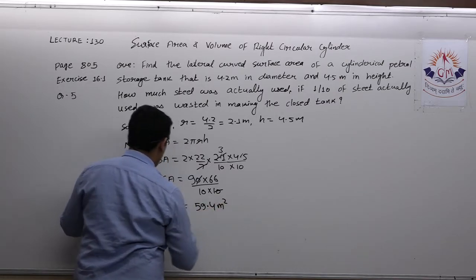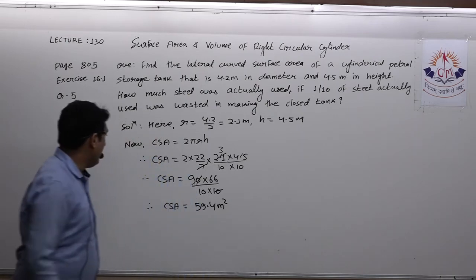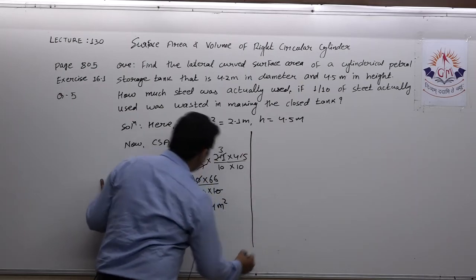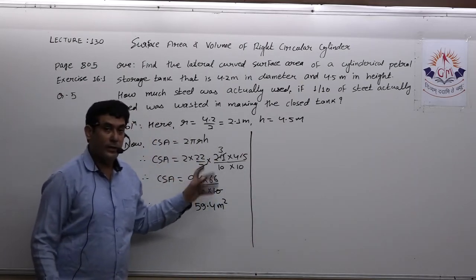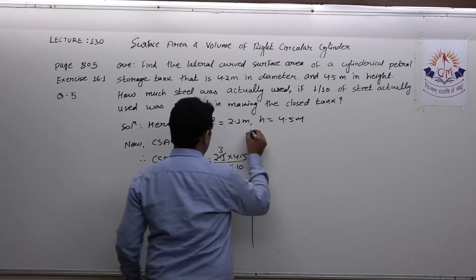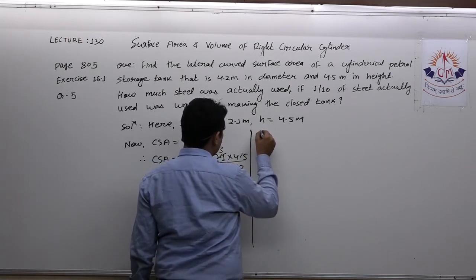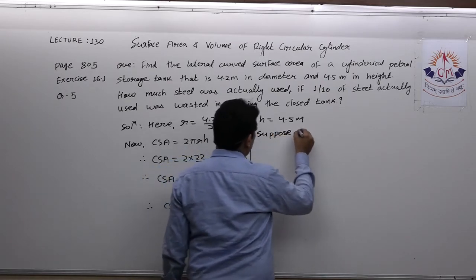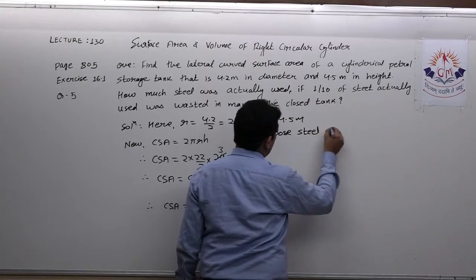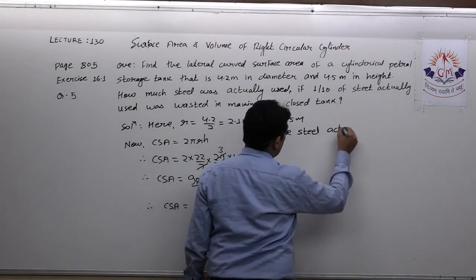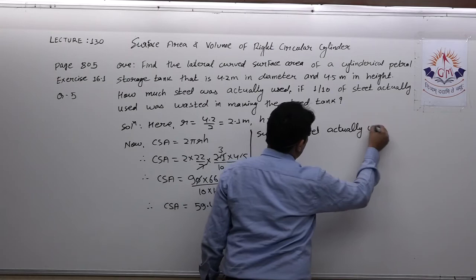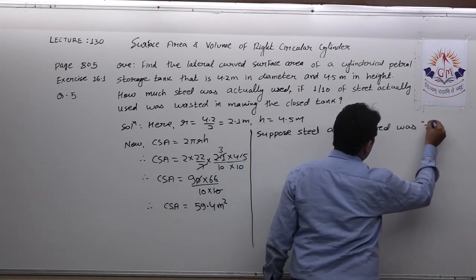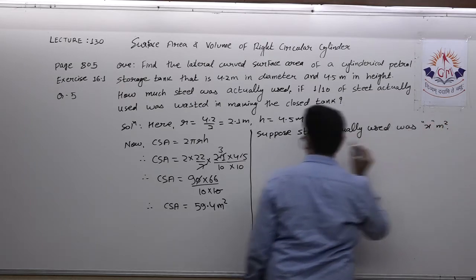59.4 meter square. That is the curved surface area of the cylindrical tank. Now next, what we have to find is how much steel is actually used. So suppose the steel actually used was x meter square.